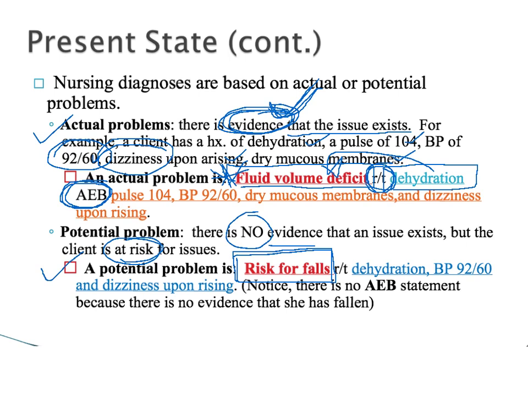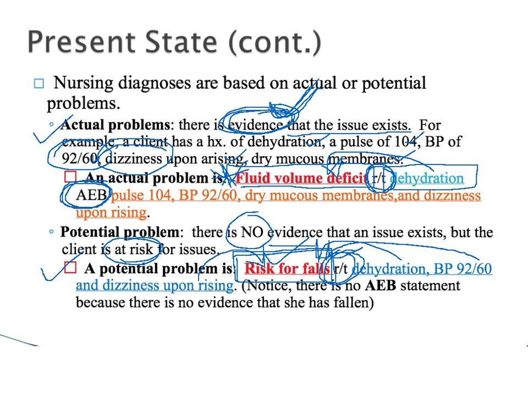So a potential nursing diagnosis will start with the words risk for. So she's at risk for falls, and then here's our connecting word related to what? Well, she has dehydration, and that puts her at risk for falls. She has this low blood pressure, and that puts her at risk for falls. And she has dizziness upon arising, and that puts her at risk for falls.